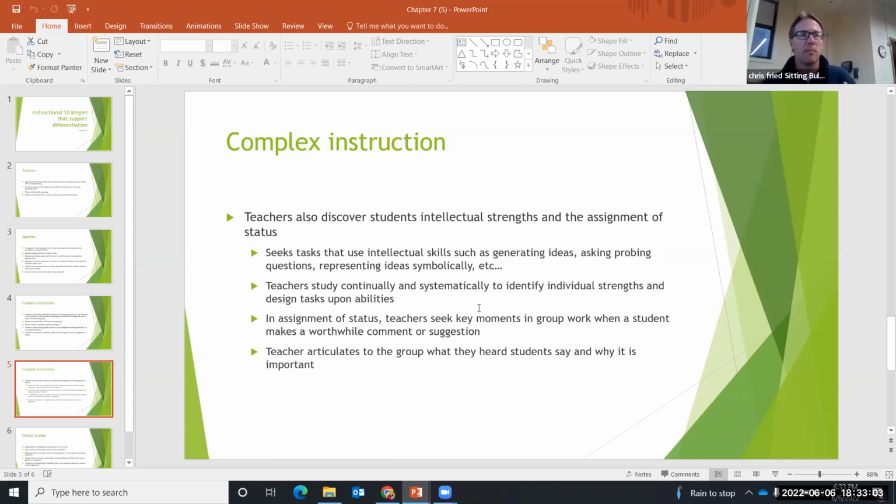If we see a group that might be struggling and they don't have a good leader or something, you could always shift groups, shift people around. So when we use this complex instructional strategy, we want to make sure that we're monitoring students so that we don't see a group really struggling, and that we can shift or change it if we need to.